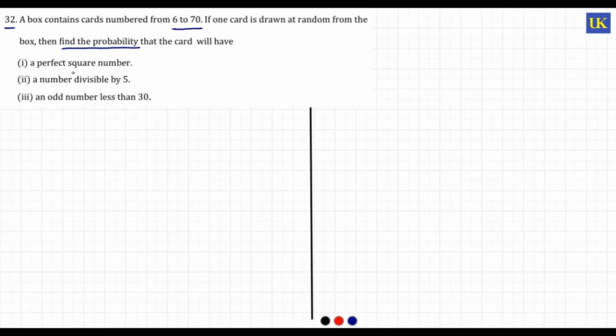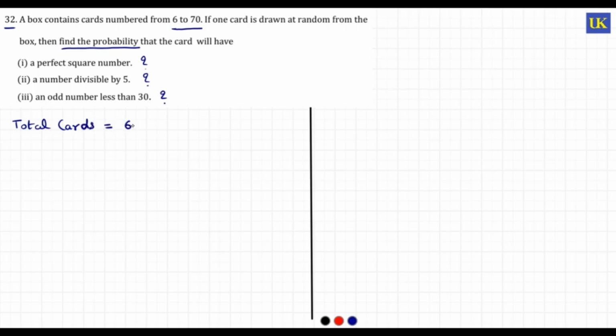Find the probability that the card has a perfect square number, a number divisible by 5, and an odd number which is less than 30. So these three questions we need to solve here. First, we will understand how many total cards we have in the box.